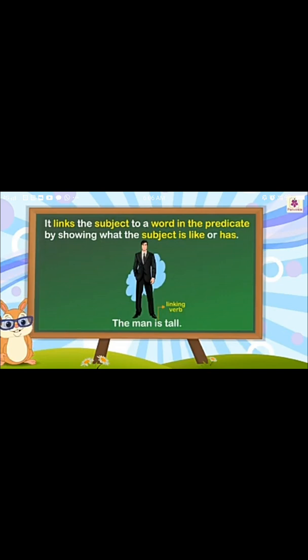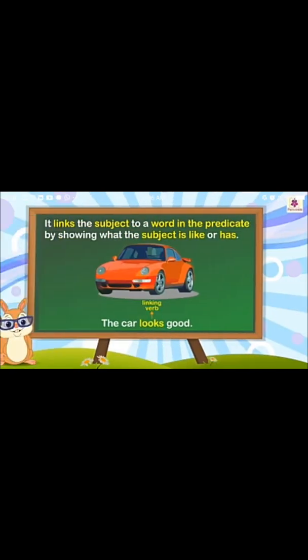The man is tall. Is is the linking verb. Next, the car looks good. The car, subject, good, predicate, looks. How is the car? The car looks good. So the word looks is a linking verb. This is clear to you, children?